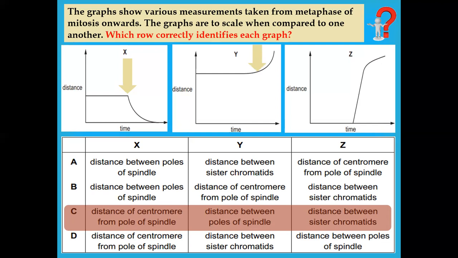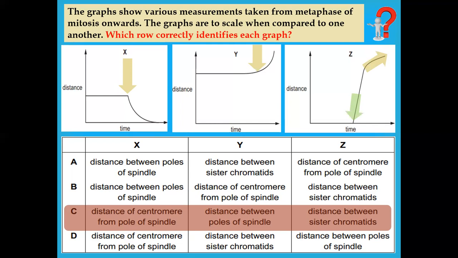Until the end of mitosis it remains the same, but during cytokinesis, it increases a bit. While in the Z, the distance between sister chromatids, first it was 0 in prophase and metaphase, but during anaphase, these two chromatids will move away from each other, and this distance will increase.